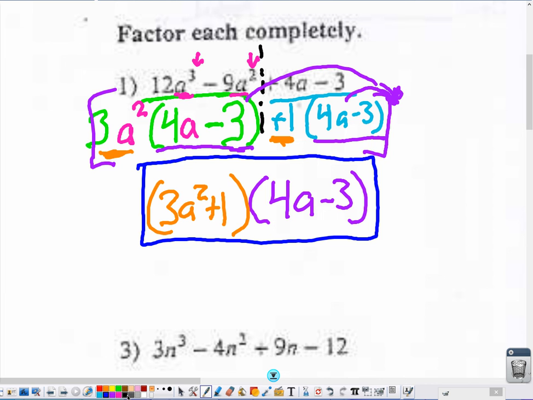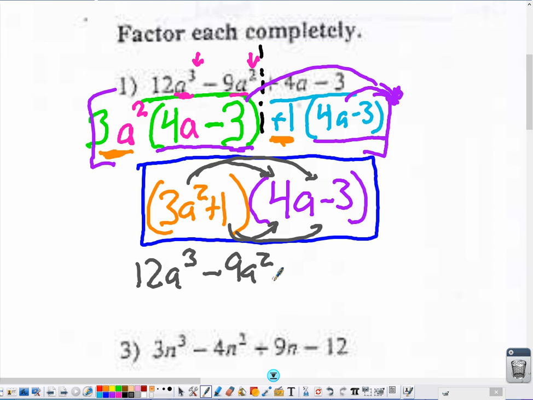So, why did we do this? What does that mean? Well, if I was to multiply this back together, I would get 12a cubed minus 9a squared plus 4a minus 3.